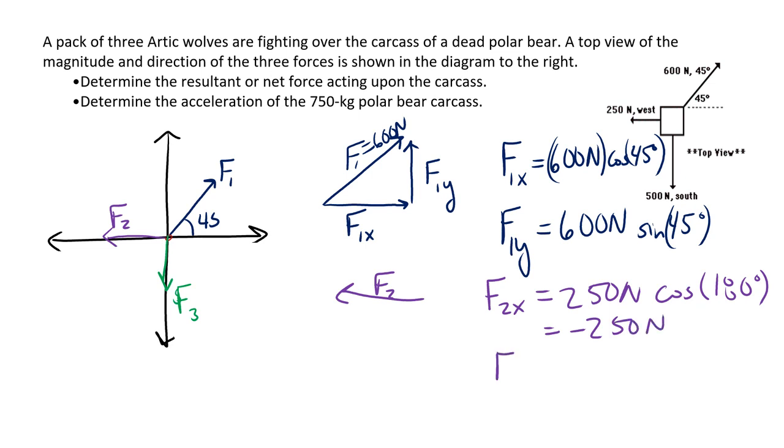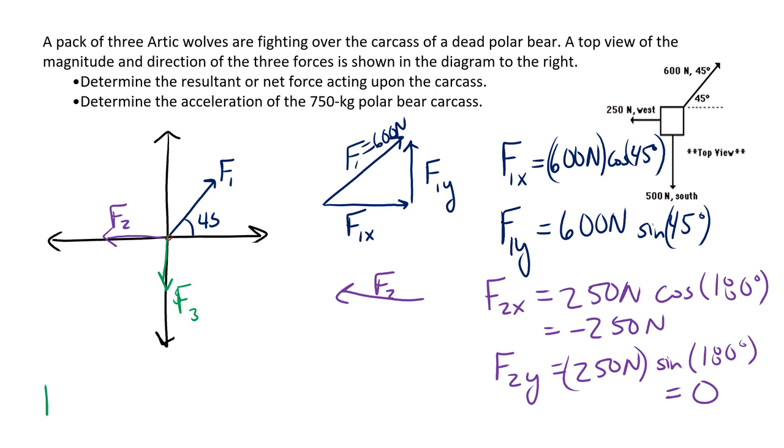And force 2y, many of you can already see that's going to be 0, but if not, you can just write this as 250 newtons times sine of 180. Note, all these angles have to come from the positive x-axis in order to write them this way. Your calculator should give you 0, and you can always do that double check.